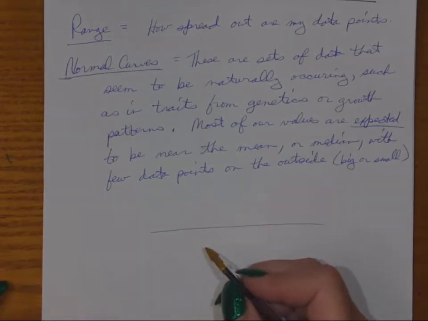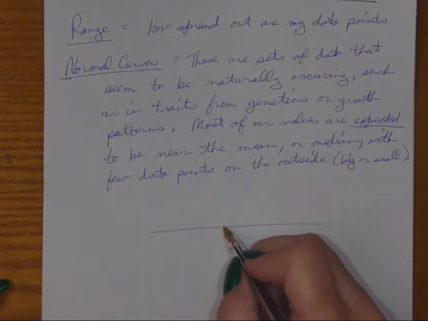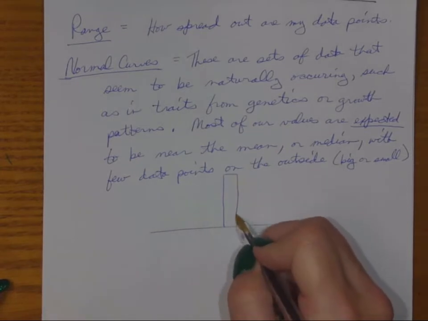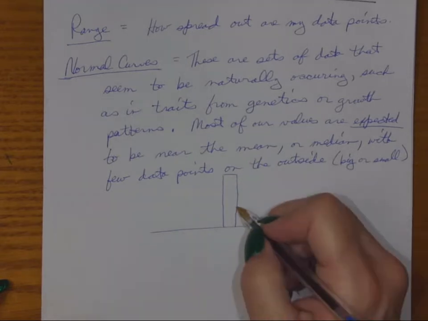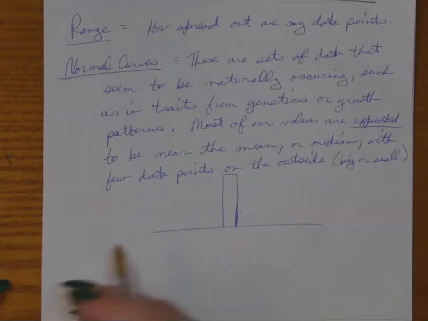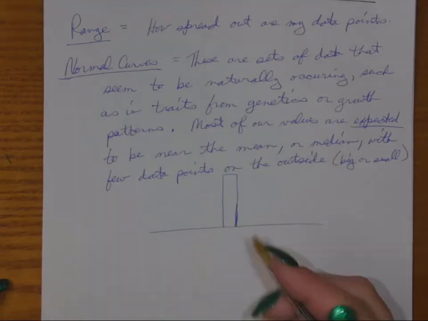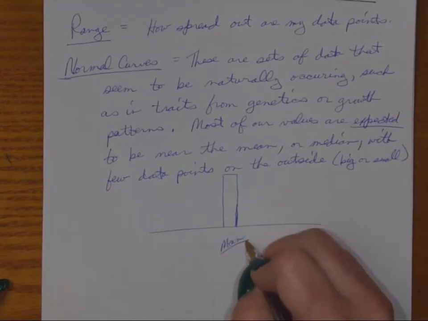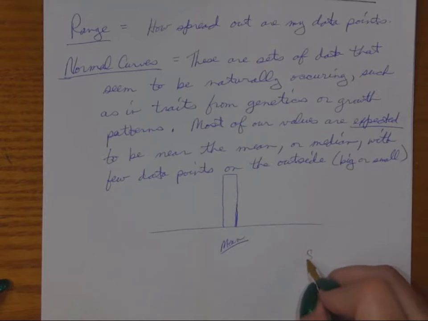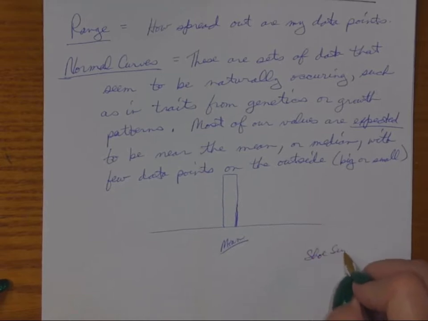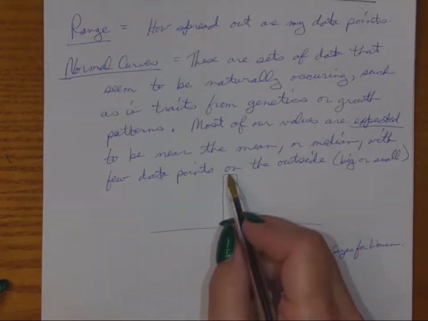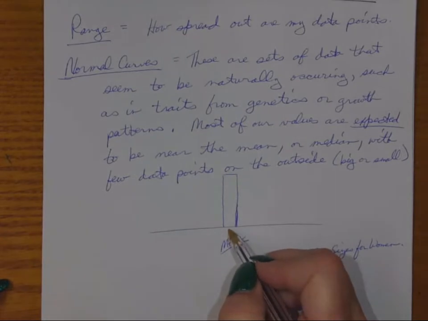Normally what this looks like, if we were talking about women's shoe size, we might expect most women, if I polled a classroom, a lot of them would probably have a size 7 or 8 right in there. So if this bar represents my mean, my average shoe size, let's call this shoe sizes for women. If this is my mean, then we'd expect most of my people to be in this area.